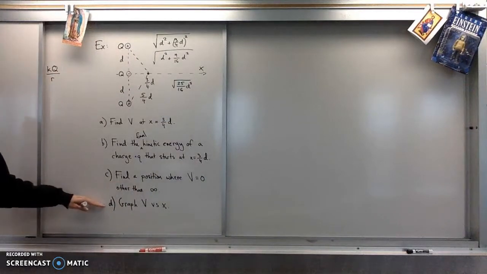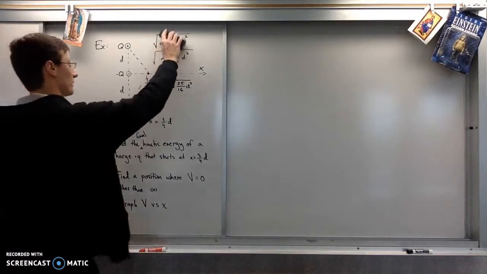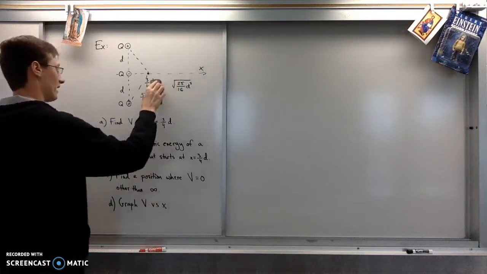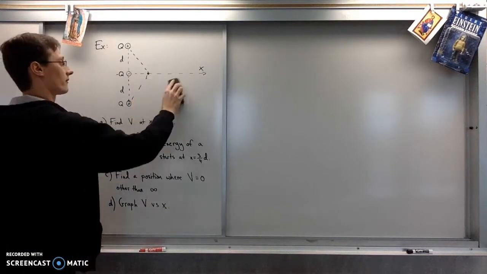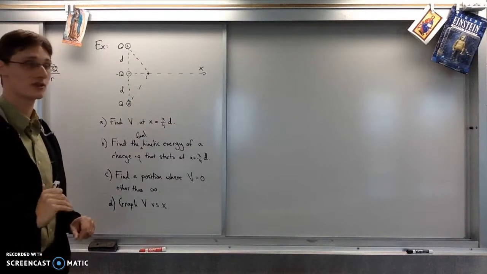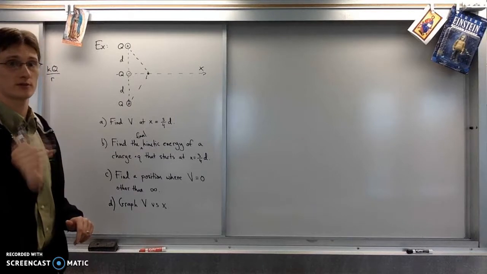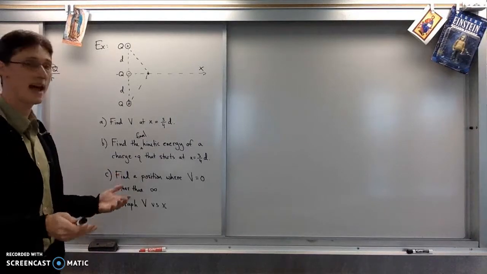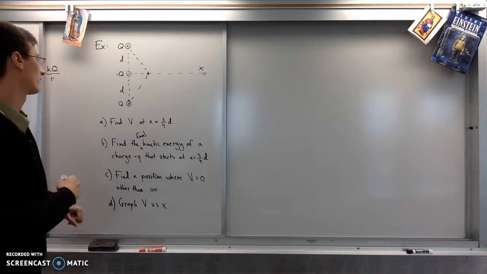If I want to make a graph of V versus x position, I've got to come up with functions for the potentials due to each of those point charges at some arbitrary position.